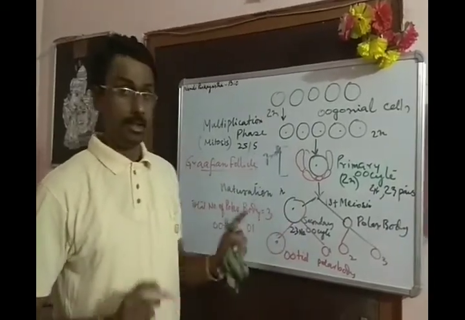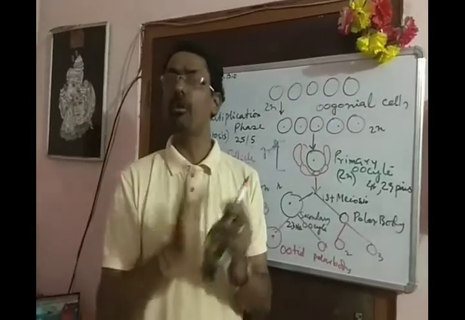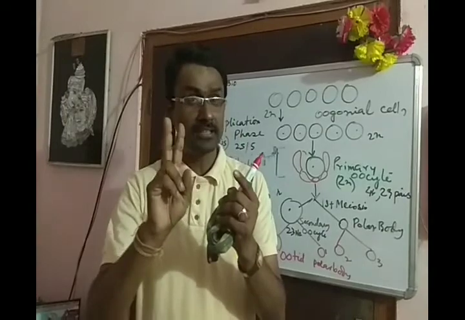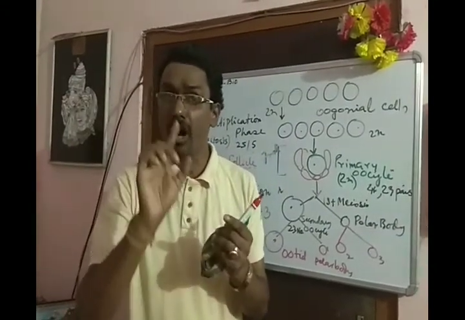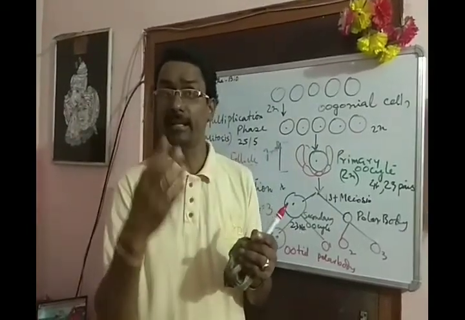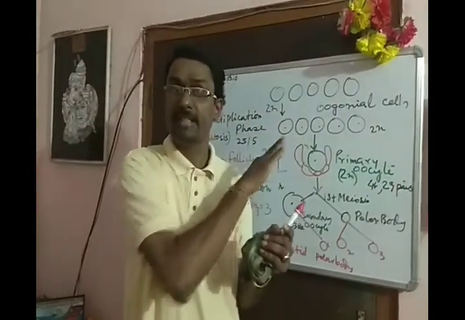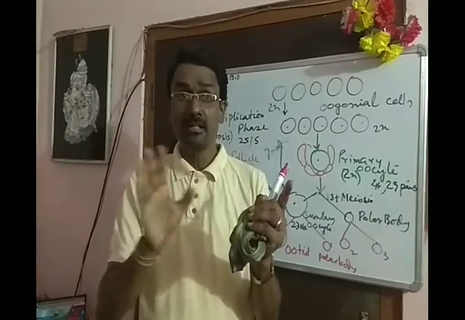So, summing up, what you are finding, like spermatogenesis, you are also finding the multiplication phase, growth phase, and maturation phase. But here the multiplication of the germ cells, also known by another name, the egg mother cells. Earlier we said sperm mother cell; egg mother cell multiplication takes place when it is in the fetus. Try to get my point.